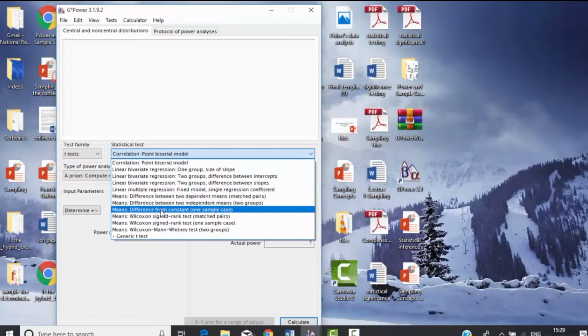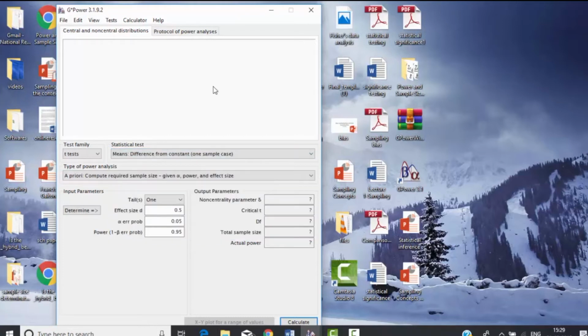For example, in the example that I have given in my lecture, you have the entire population. For example, the vendor or the OEM vendor claimed that the life of the part is 450 hours.